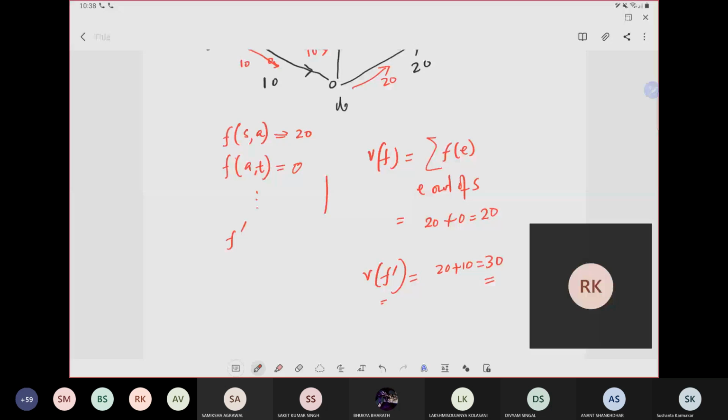Remember that this thing I am doing in an ad hoc manner. I mean, I am doing some trial and error, etc. But for a very big network, this cannot be done in this way.